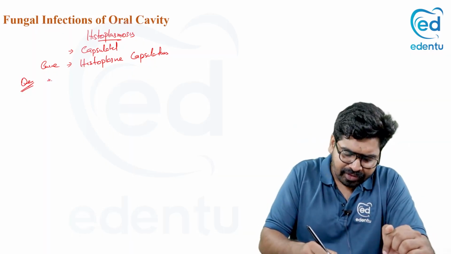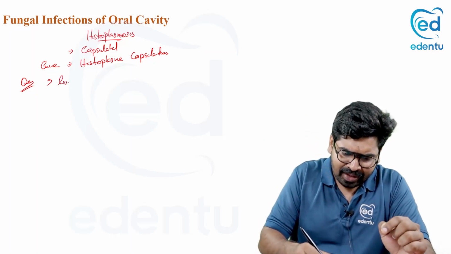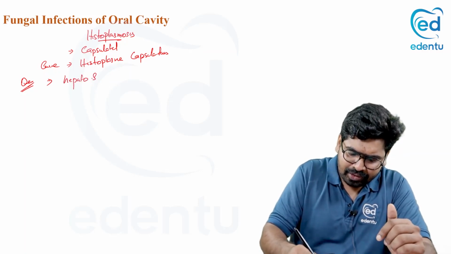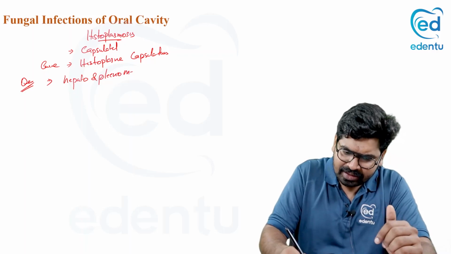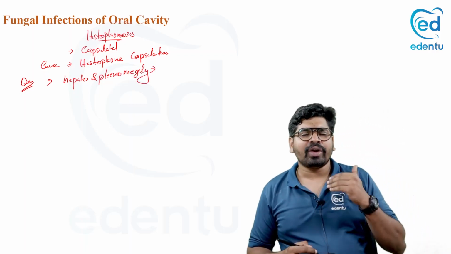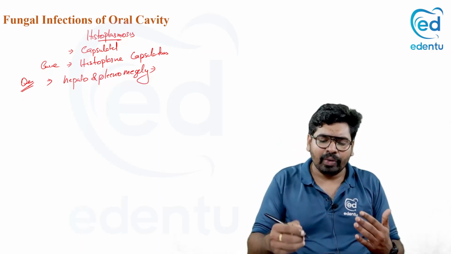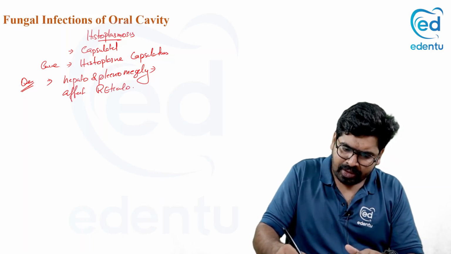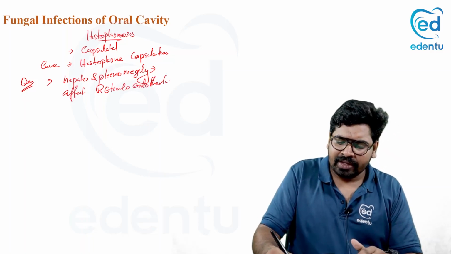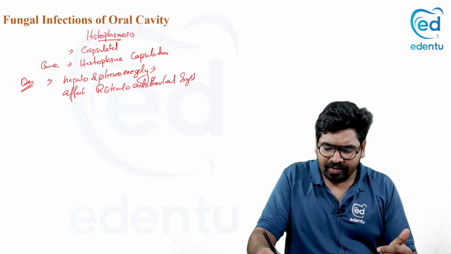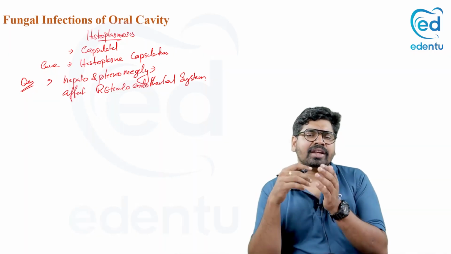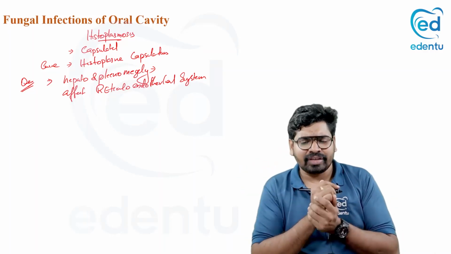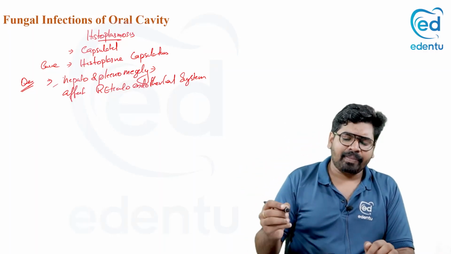Histoplasmosis mainly affects the liver and causes hepatosplenomegaly, because the organism usually affects the reticuloendothelial system. The reticuloendothelial system means your liver, spleen, bone marrow and lymph nodes, so these are affected.